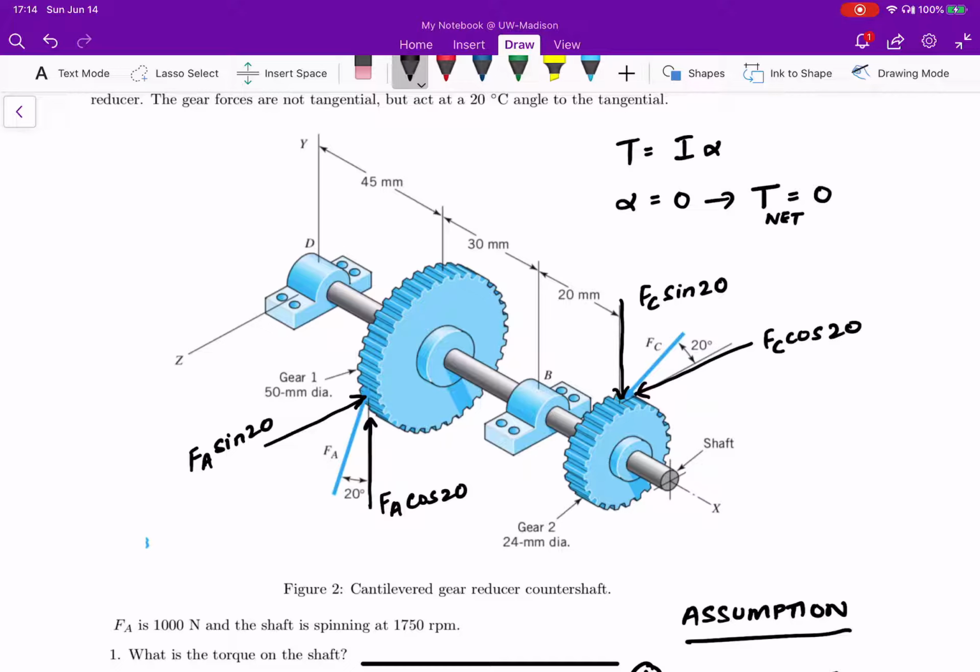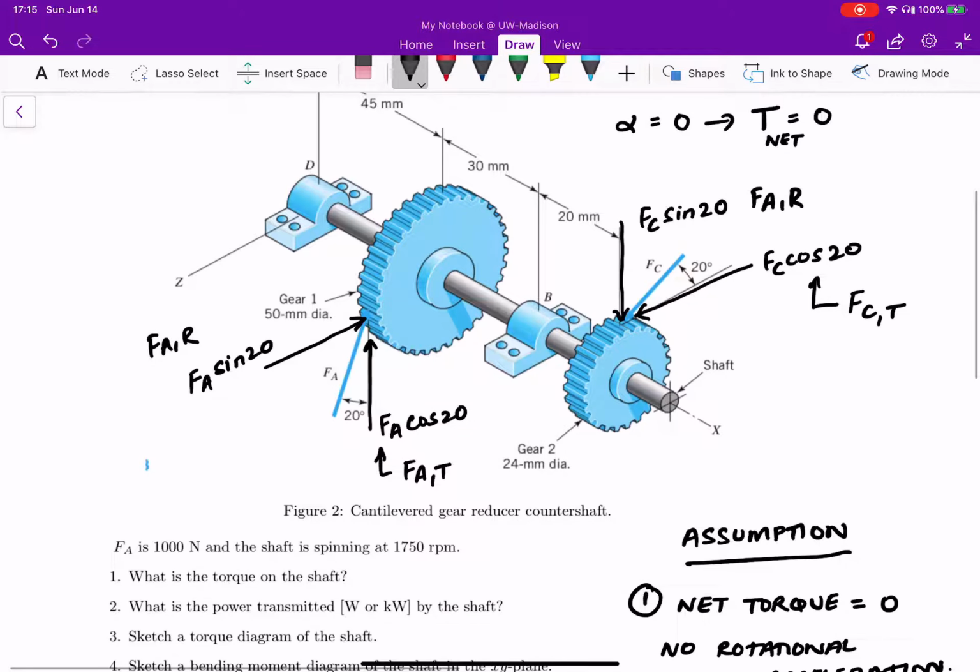We call these kind of forces the tangential force on the gear. So I'll say this is Fc tangential, this is Fa tangential, and the force that goes through the center of the shaft is the radial force. So I'll call this FC radial and FA radial. These are just the variables I'm going to use through the problem instead of writing cosine 20 every single time.